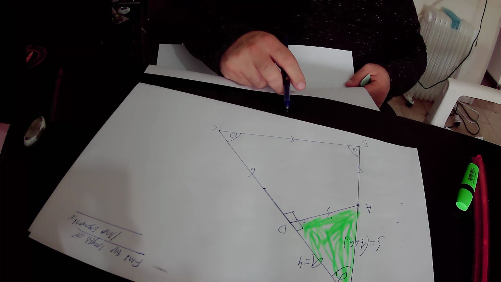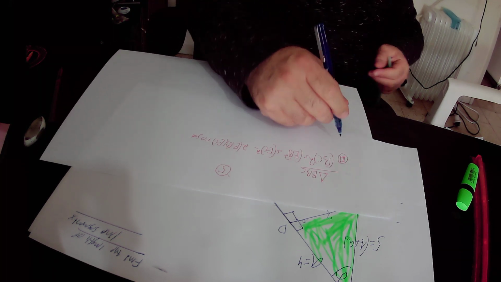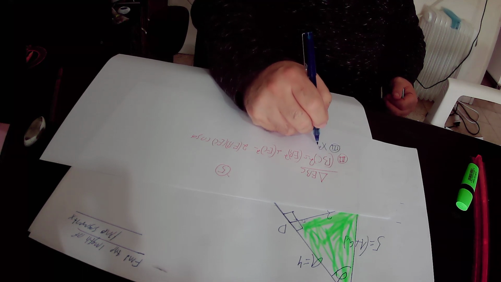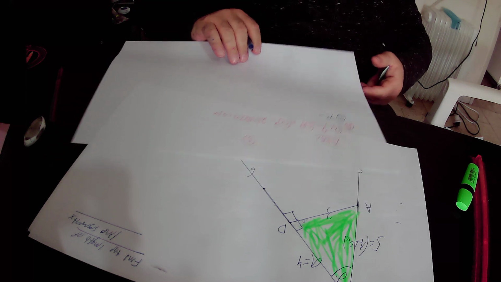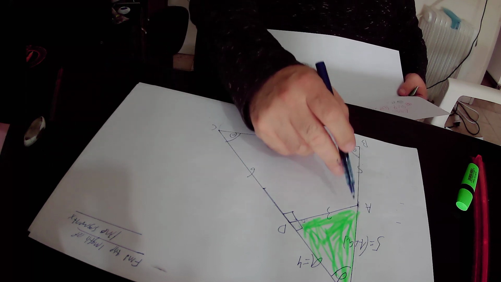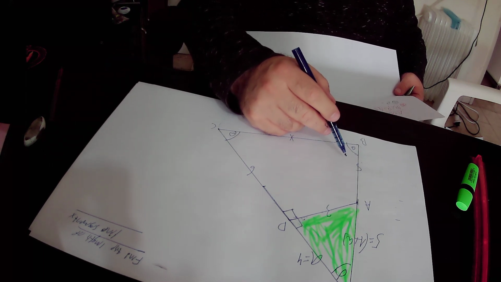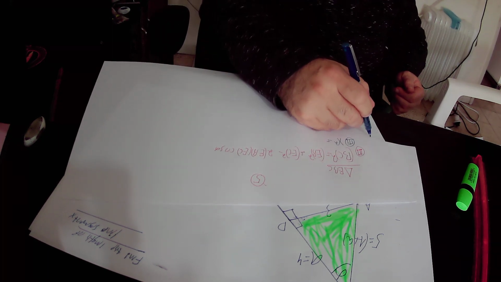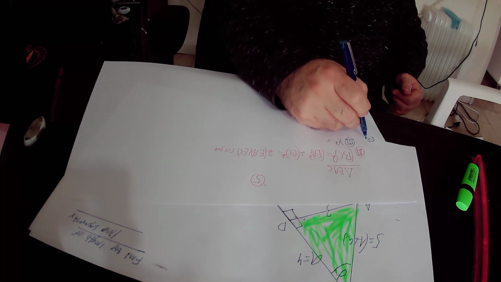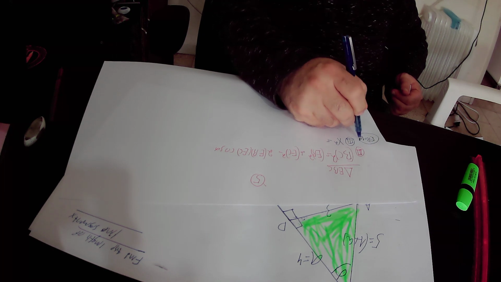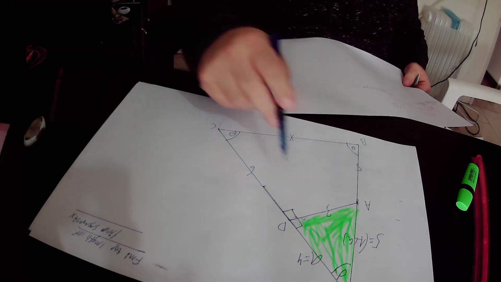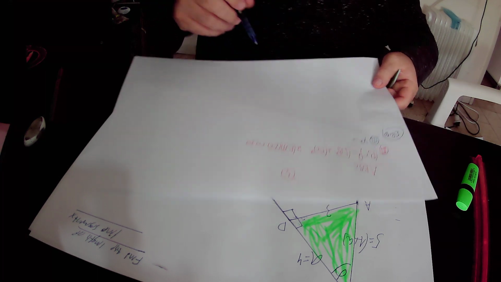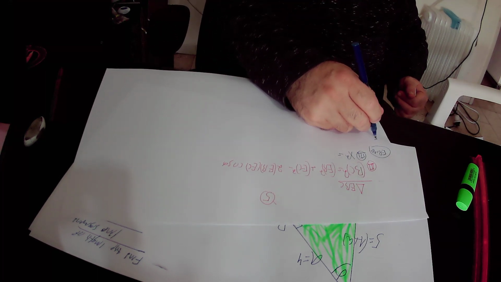So BC squared is x squared equals EB squared. Here EB equals 5 plus 5, that is 10. So EB equals 10. Here EC, side EC of triangle EBC, equals 4 plus 6, that is also 10. So EC also equals 10.